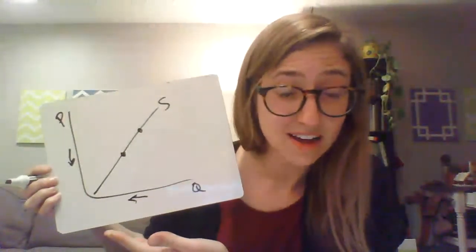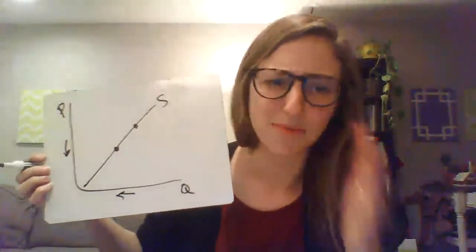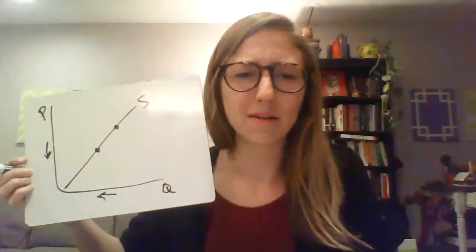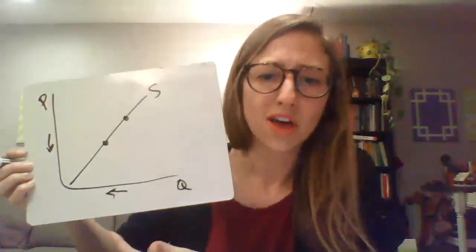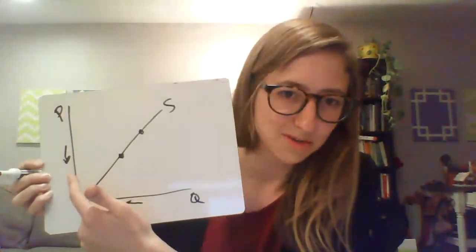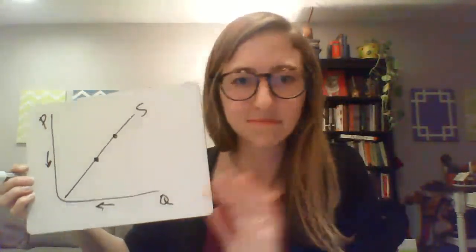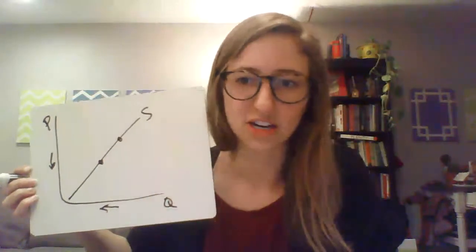If the price goes down, then sellers want to sell less of it, but not for any reason like the resources got more expensive or the technology doesn't work as well or there are more taxes. No, the good's price went down, so the seller's like, yeah, I'm not going to hustle. Just the law of supply, not a shifter. Hashtag no shifter, no shift. Cool.